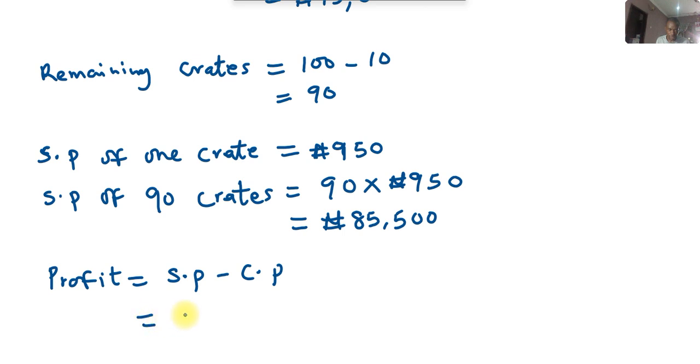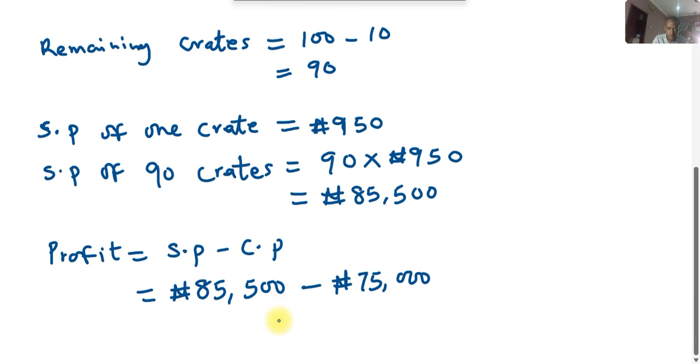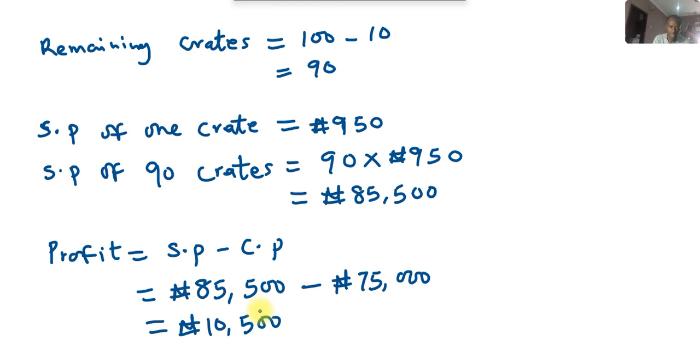In that case, we have 85,500 minus 75,000 naira. So our answer will end up being, if you press the calculator, 10,500 naira. And that's the end of that question.